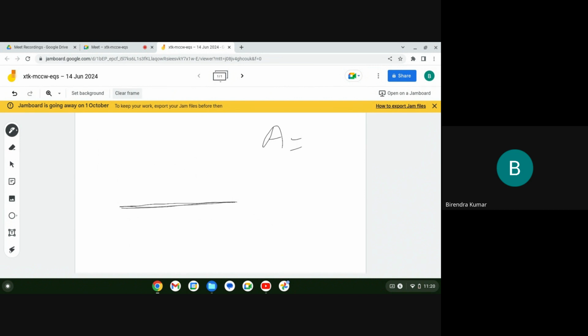You are given a side as A, let's say 10 centimeters, and then you are given the base angle. One of the angles is given. And then you are given the sum of the other two sides, which is 15 centimeters. So you are given one side, one angle, and the sum of the two sides.